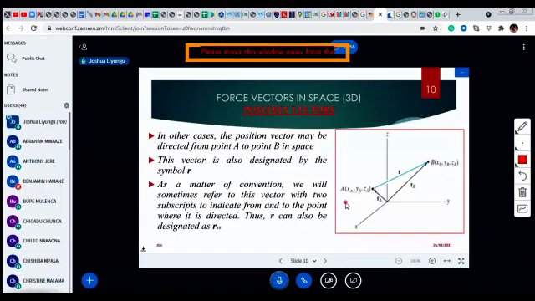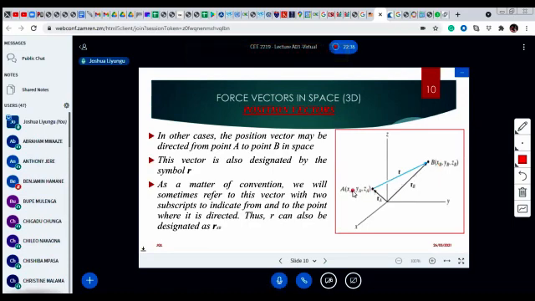If it is moving from A to B or from B to A, as an example, this position vector R is moving from A to B. So for you to get the position vector of this force, you need to subtract the I component of B minus that of A. So in this case it will be XB minus XA.